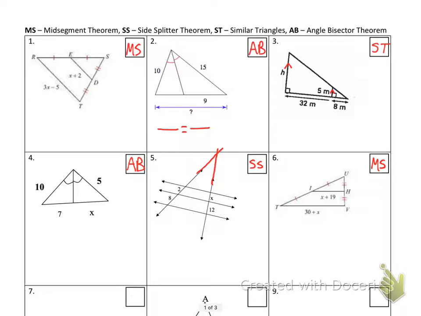Can anyone set up that proportion for problem number 2? 9 over 15 equals x over 10.